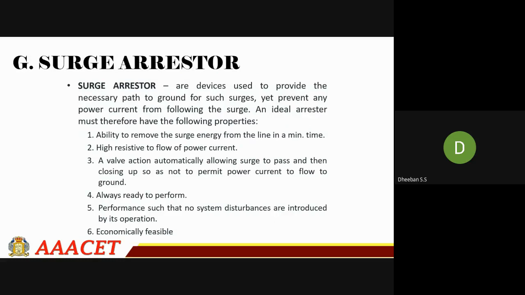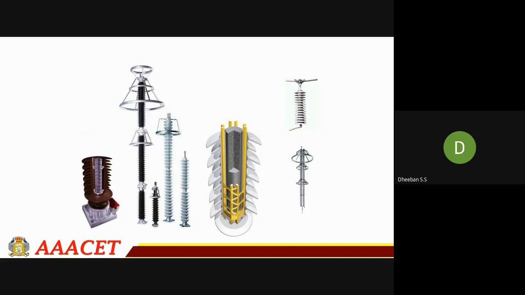Next is your surge arrestor. This is also a protection device, mainly used so that lightning surge can be bypassed through the surge arresters. This is how it looks like. These are the parts in your system.